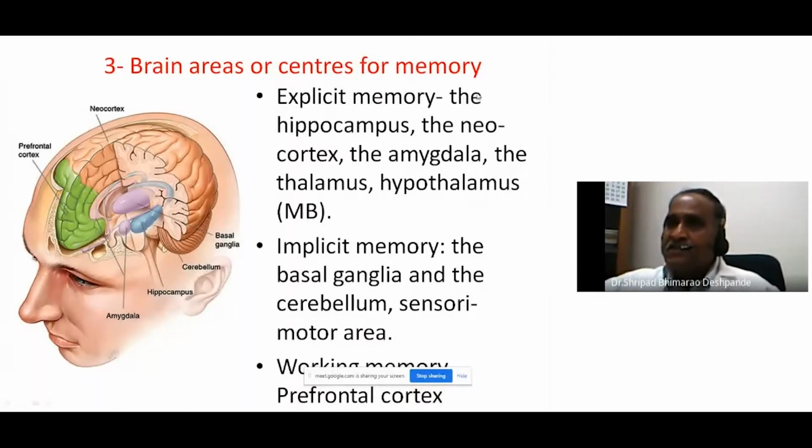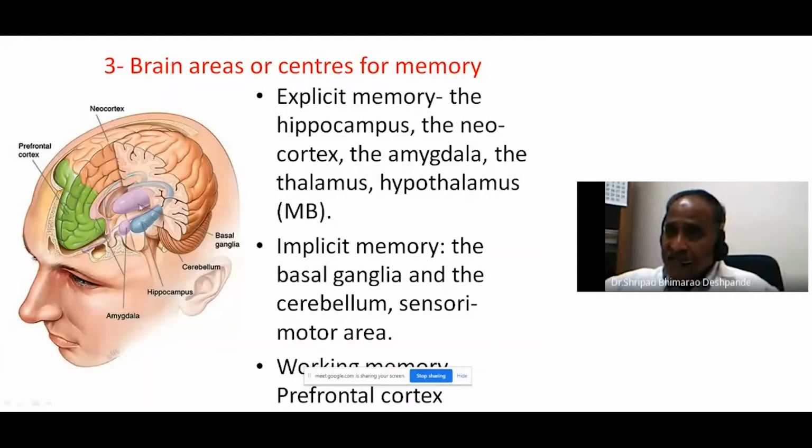Naturally, for explicit memory, the hippocampus, here is the hippocampus, and the dentate gyrus there. Then the amygdala. The hippocampus is the main structure. The amygdala is associated with the emotional components.